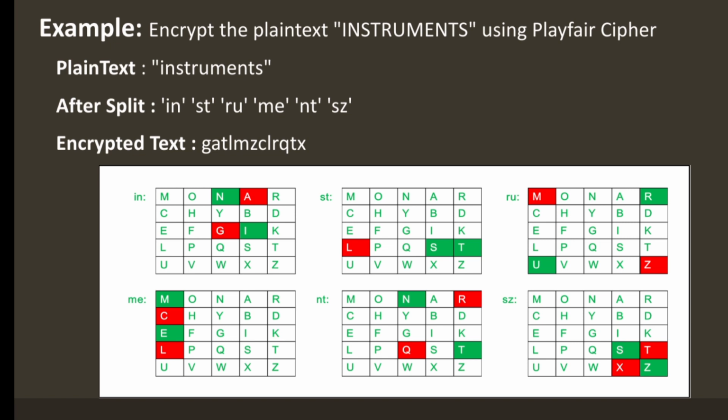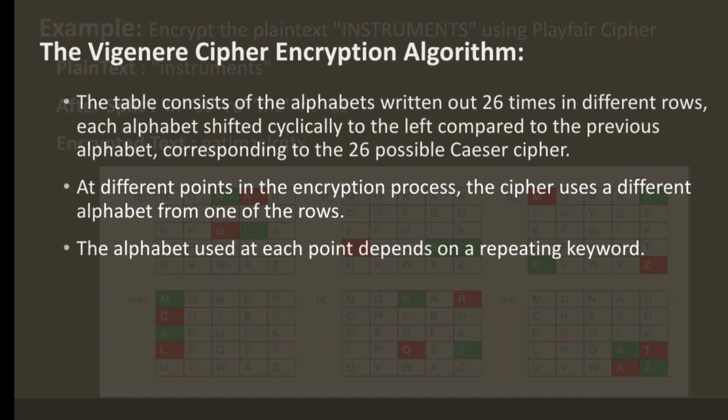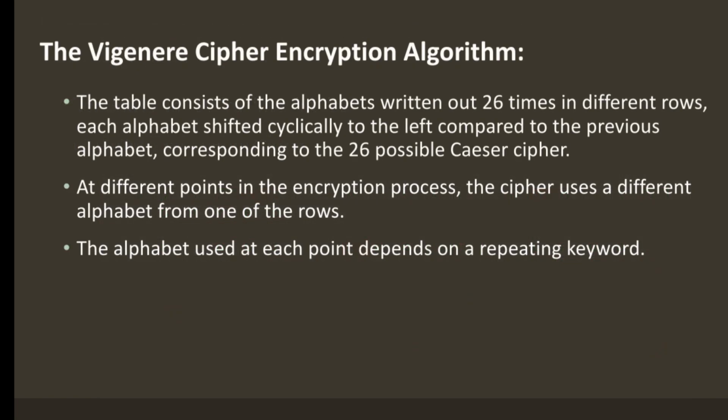Now let us move on to the next content. So the second type of cipher is Vigenere cipher, and the algorithm for this cipher is: the table consists of alphabets written out 26 times in different rows.